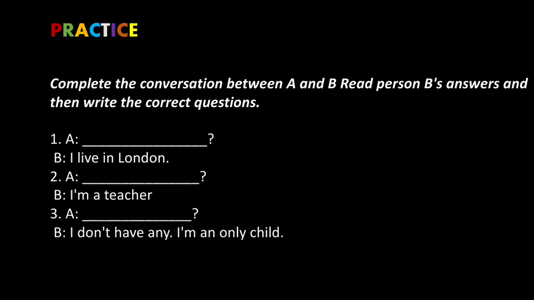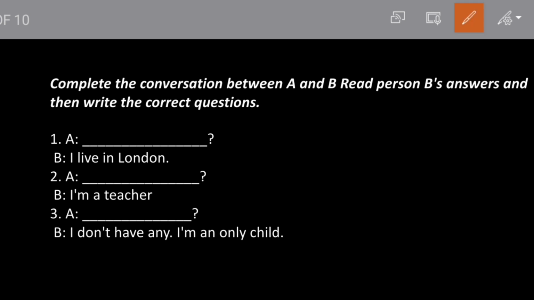So here is the question. Here you have to create questions based on the replies of B. In the first case, the answer of B is, I live in London. So A is asking about the place of B. The question will start with where because we're asking about the place.